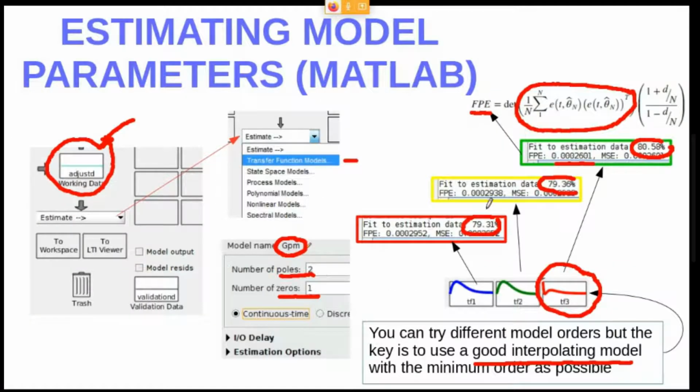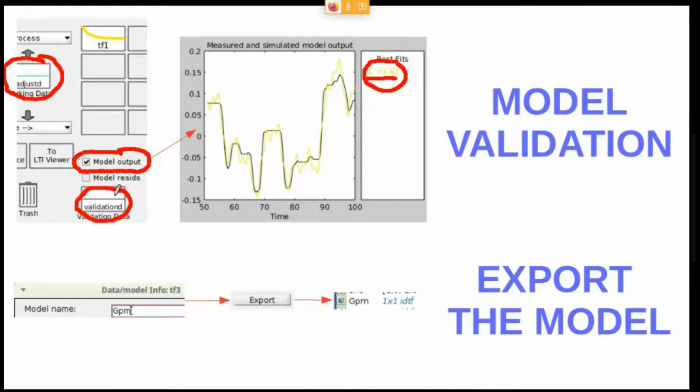Because originally these fits were taken from the adjust data set and the estimated output of the model, right? But now we have a different data set, so the fits will not be the same.